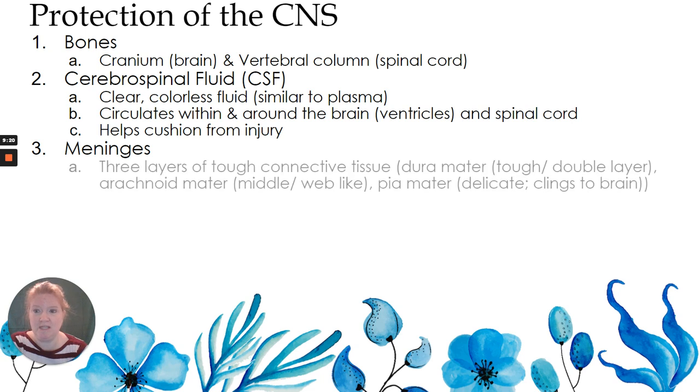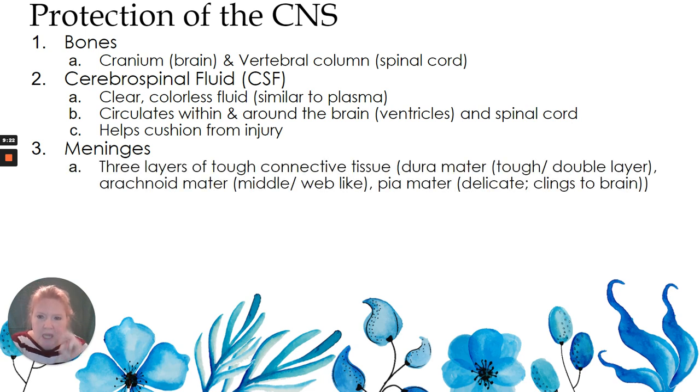So we have the meninges. Now the meninges are 3 layers of tough connective tissue. So there's the dura mater. That's a tough double layer on the outside. So that's the outermost layer. Then we have the arachnoid mater, and that's the middle layer of the meninges, and it's web-like.